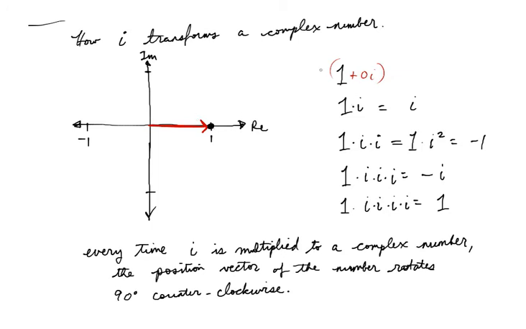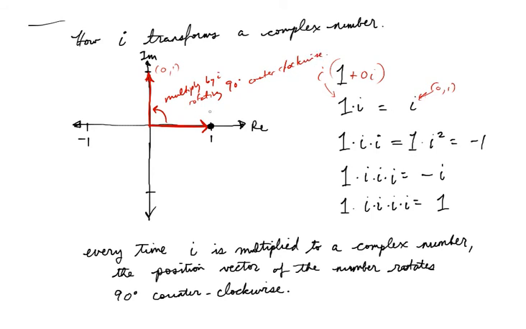If I multiply this by i, I end up with the coordinates 0 and 1. So we end up with this vector. Oops, let me just straighten that line here. We end up with this vector. So you can see here that when I multiply by i, I'm rotating 90 degrees counterclockwise.